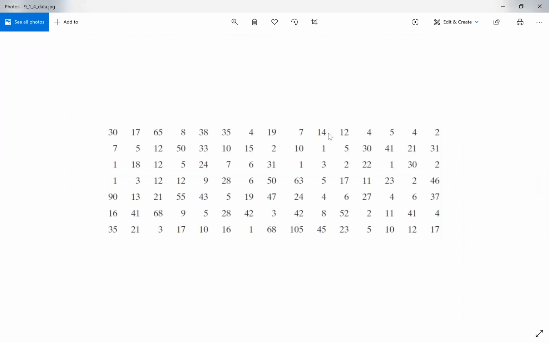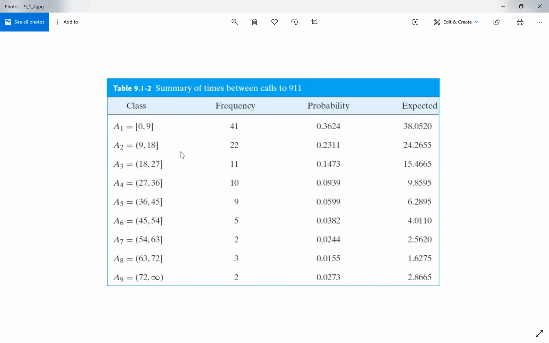And these are times between calls to 911. And what you'll notice about them is that they partition them into these different classes on the left. You'll see the frequency and the probabilities and the expected number of waiting times on the right. So you see that you partition the numbers from 0 to infinity into smaller categories.